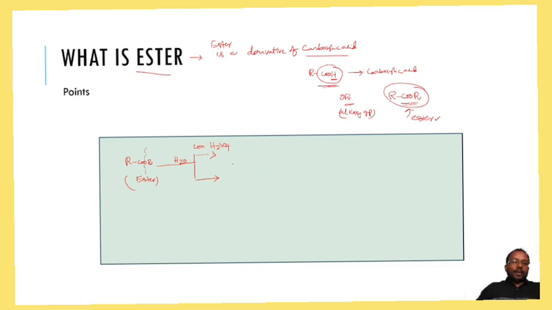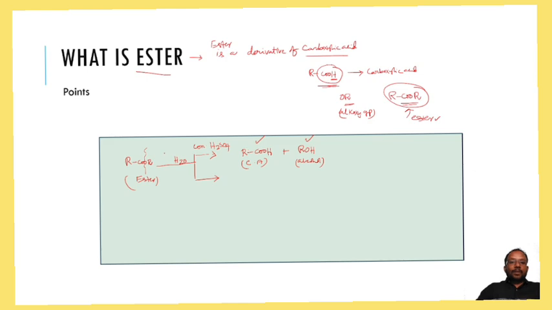In acid conditions, the bond between the carbonyl group and alkoxy group is cleaved to form carboxylic acid and alcohol. This is called carboxylic acid. This is called alcohol.